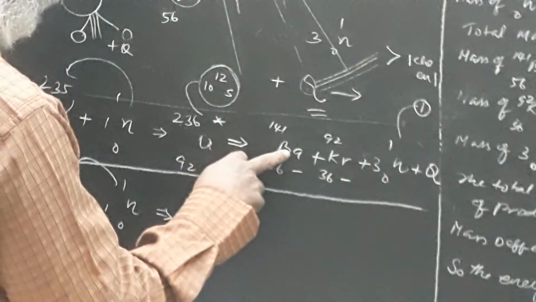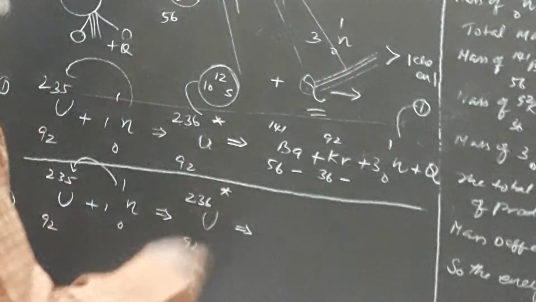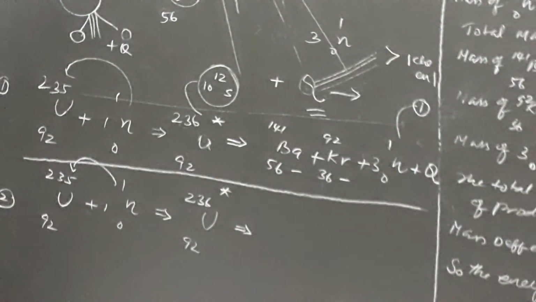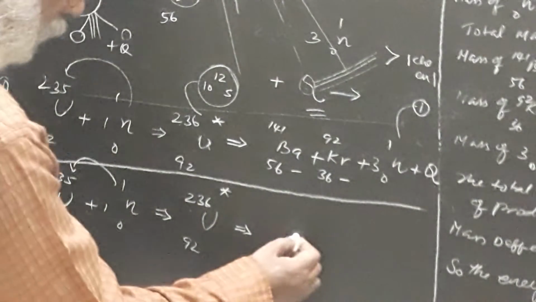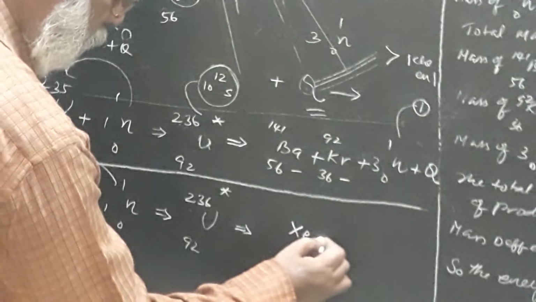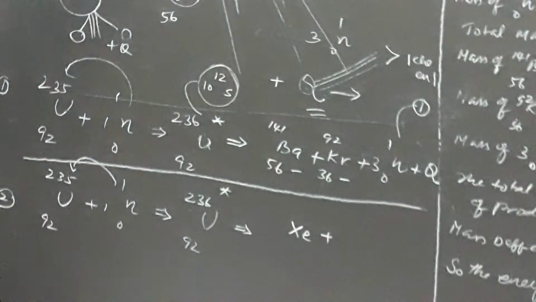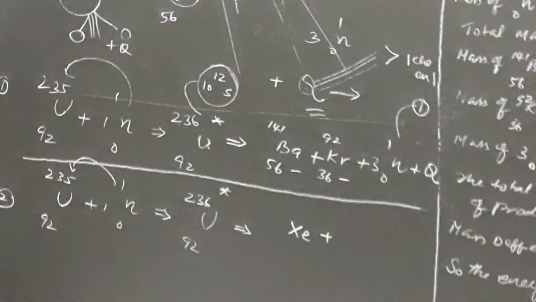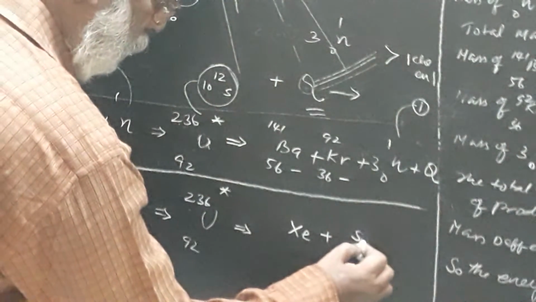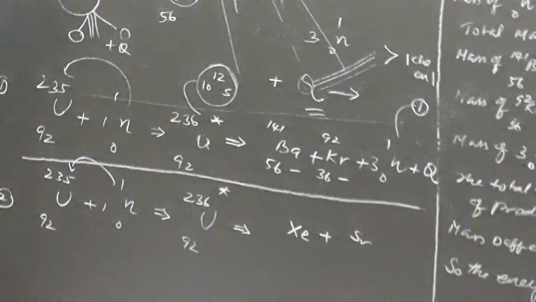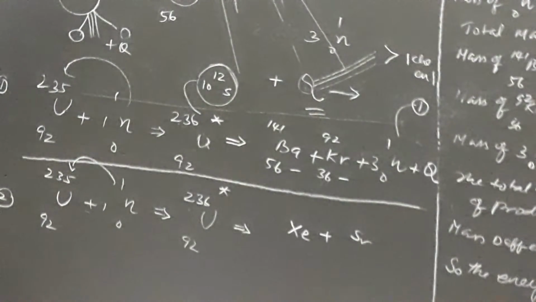We got barium and krypton, but instead of barium and krypton, we are having xenon plus strontium. What is the atomic number of xenon?